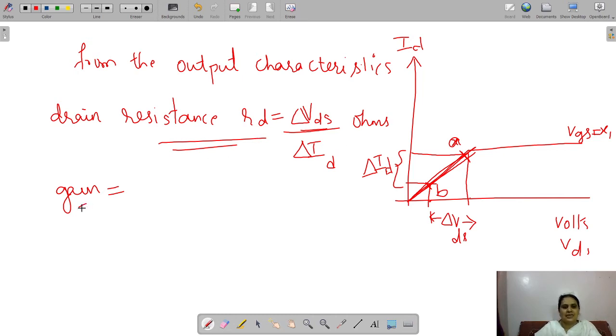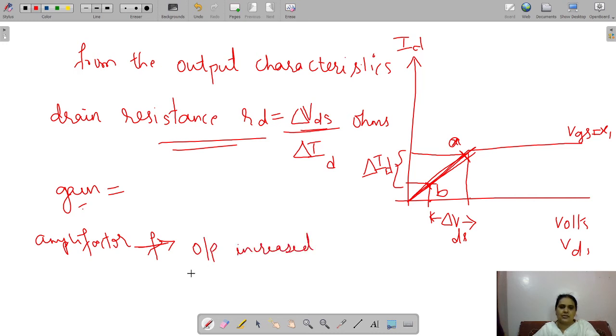So what is the gain? The gain is the amplification factor, that is, by how much your output is increased with respect to the input signal. It is nothing but the change in the output voltage multiplied by gm.